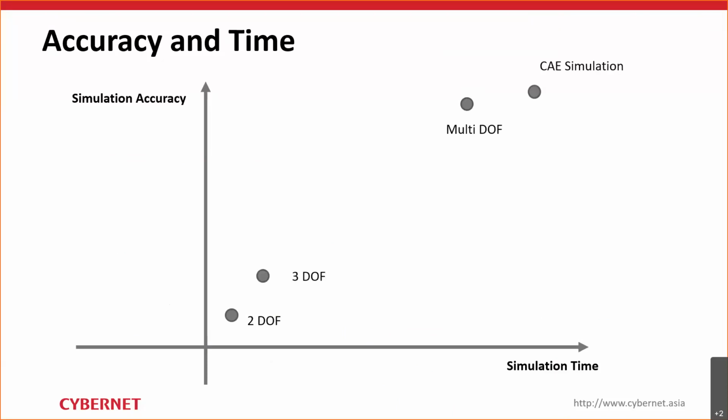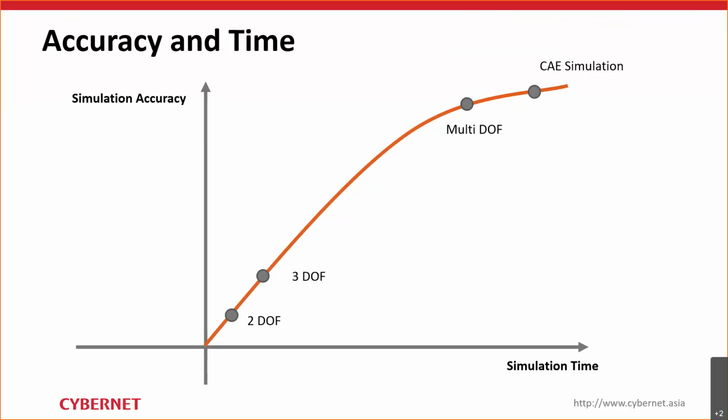CAE simulation is the most accurate technique with lots of simulation time. We can also find that the relationship between simulation time and accuracy is not linear. One little improvement in accuracy might cause a 10 times increase in simulation time.